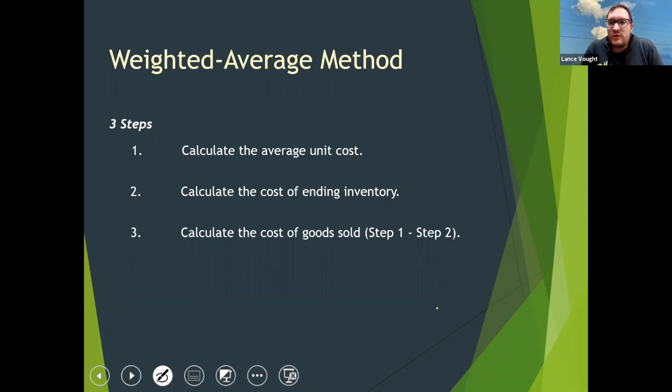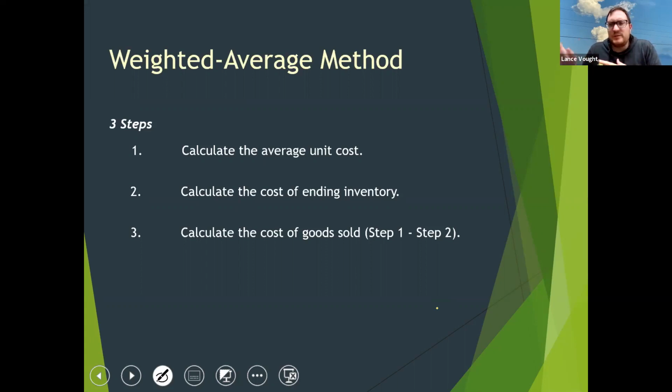For this one, what we're going to do is instead of determining, okay, which units we sold and which ones we didn't, we just average out the average cost of each unit that we purchased throughout the year. So you bought some at 8, you bought some at 9, you bought some at 13.